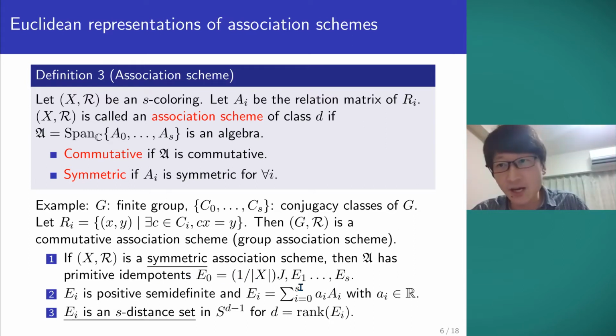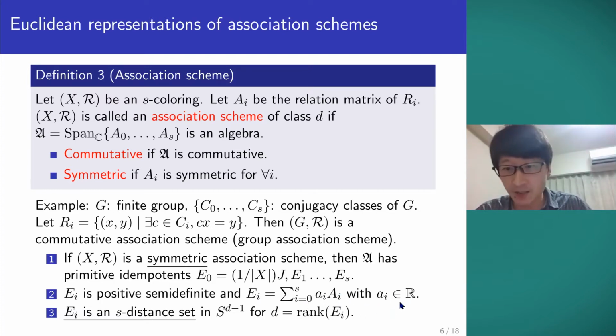Actually, E_i is an orthogonal projection matrix onto the eigenspace of the same eigenvalues of A_i. So E_i is positive semi-definite, and E_i is in the algebra R. So E_i can be expressed by a linear combination of the A_i.